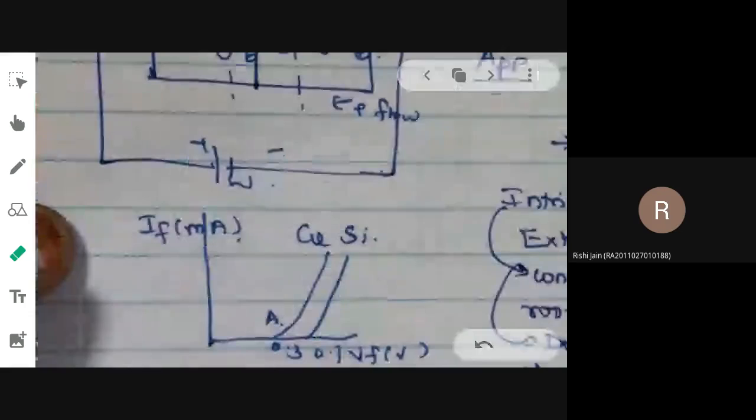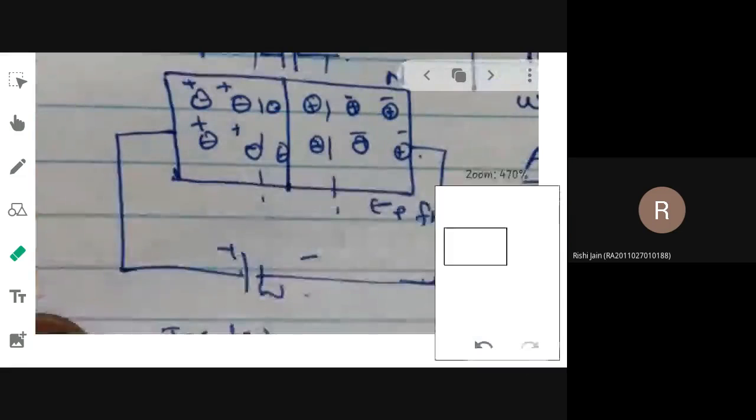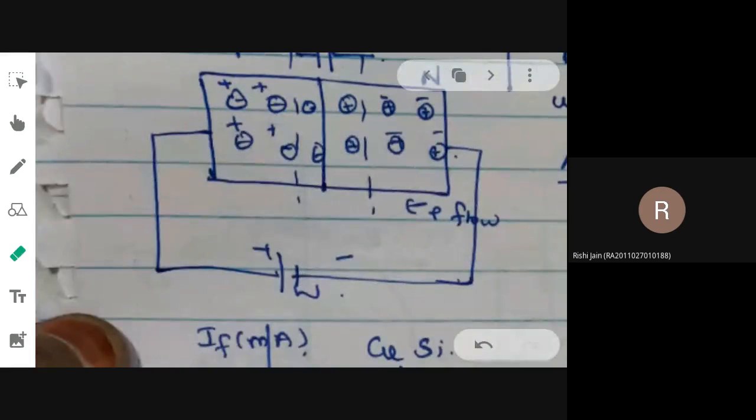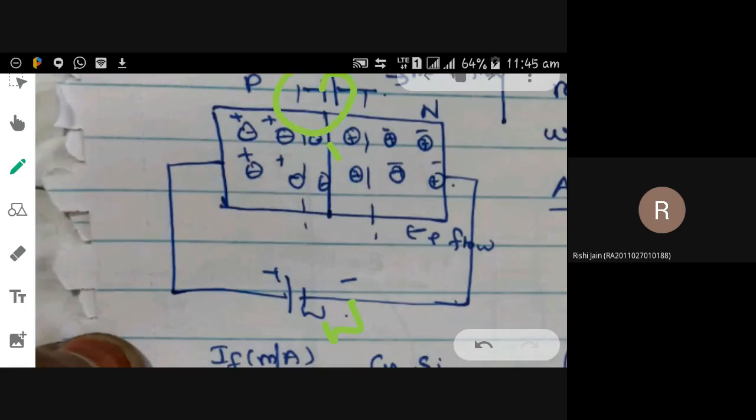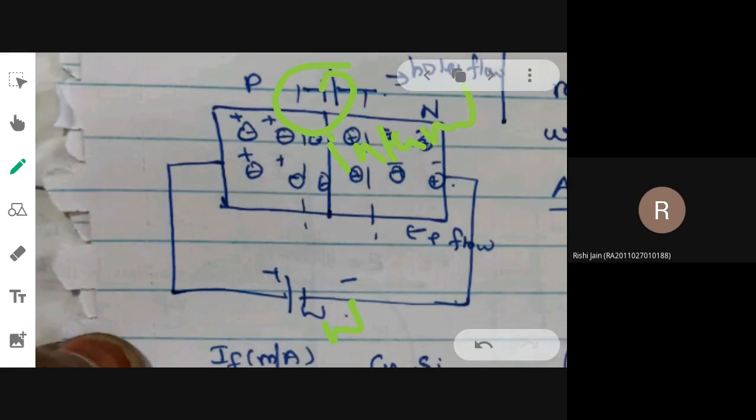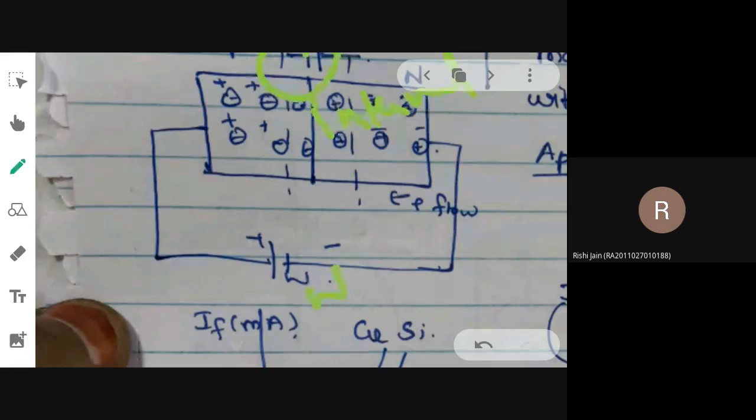This is because of two voltages, as I told you. This is your applied voltage, W, and this is your internal barrier voltage. Generally under forward bias, both will be in opposition.